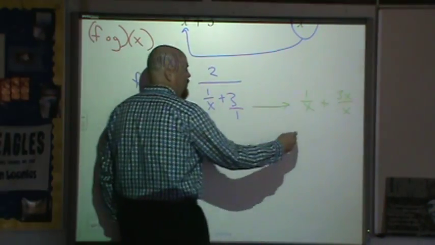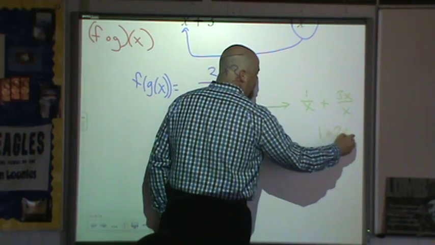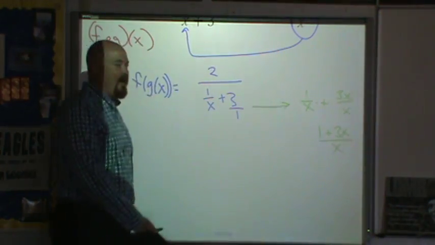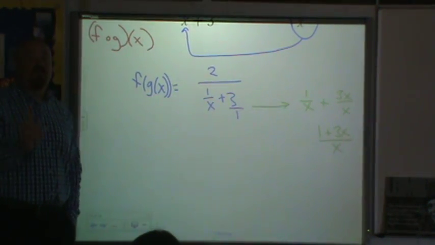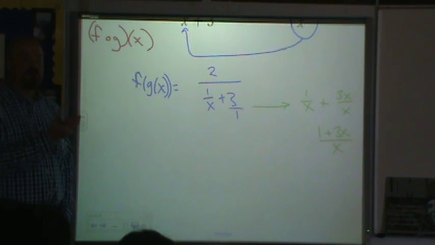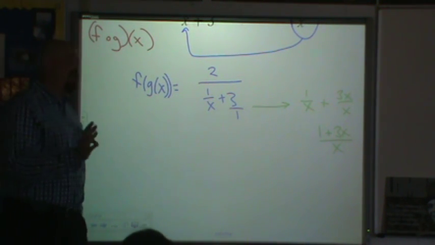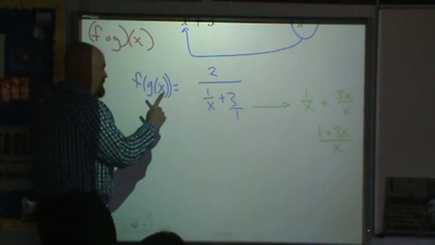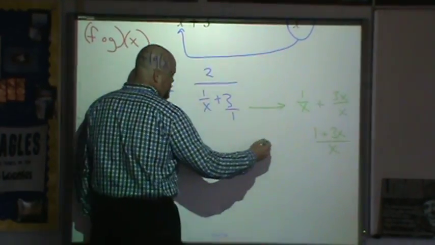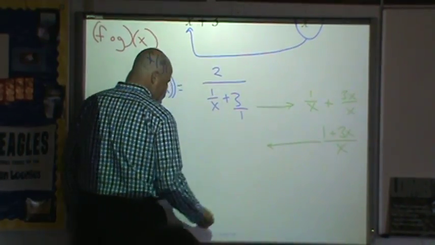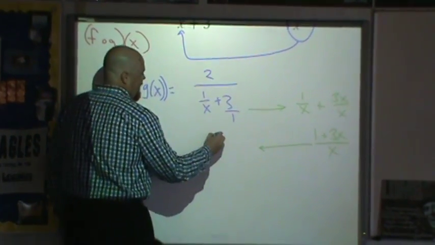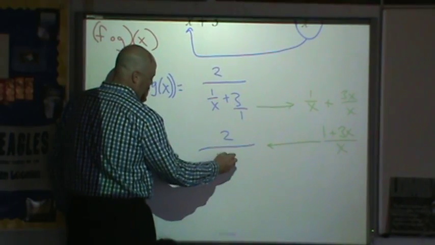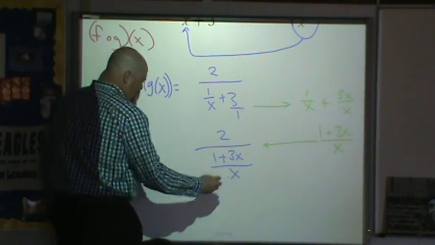Now when I combine those into one fraction, you might think that's not really that simple. But it's better to have one fraction than two terms. Not always, but in certain instances, and in this one too. So we bring this back in: we have 2 over 1 plus 3x over x.